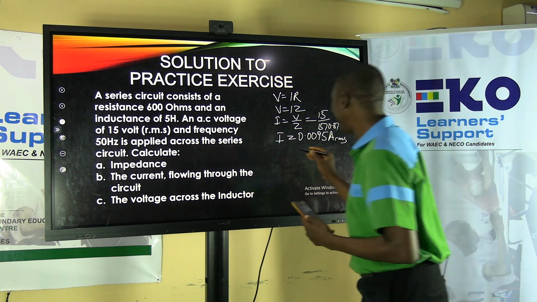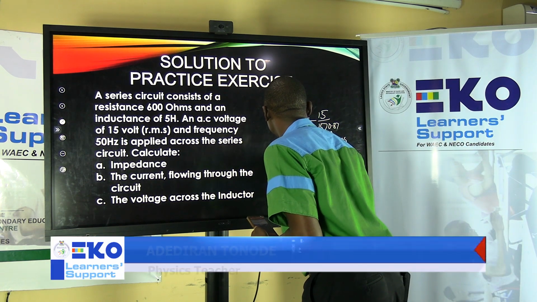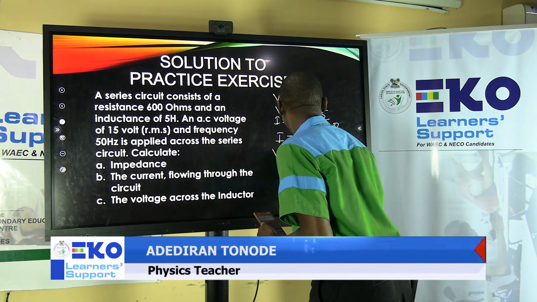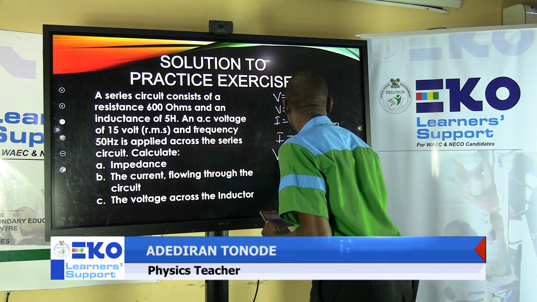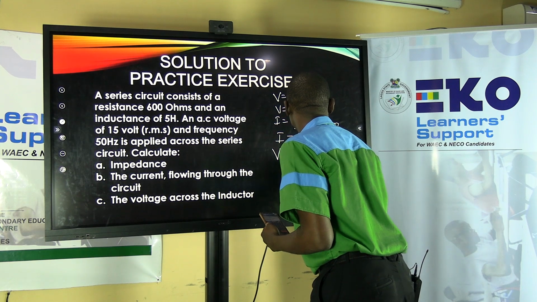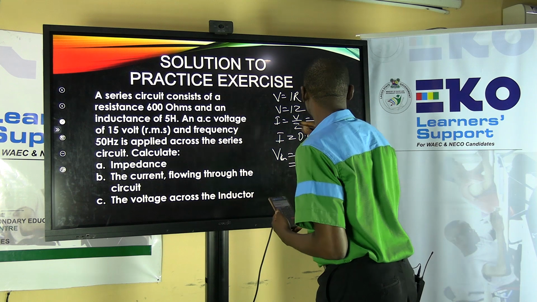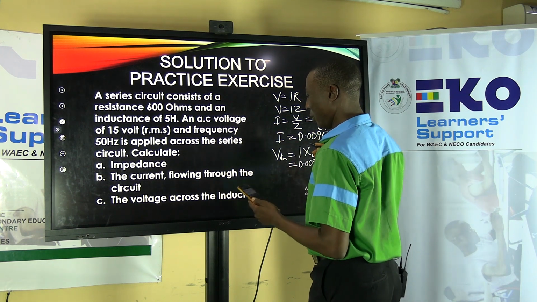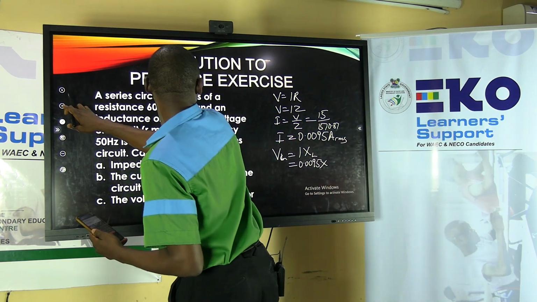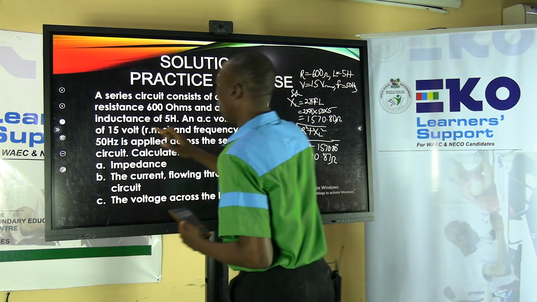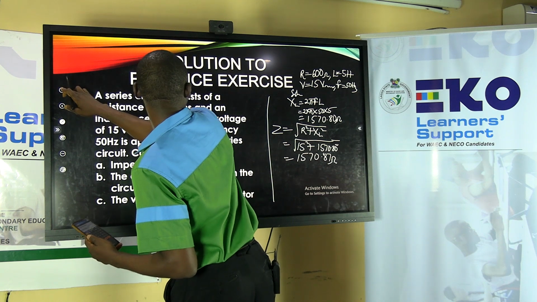Then the last one, the voltage across the inductor. So it's going to be V subscript L equals I times X subscript L. What is our current? 0.0095 times X subscript L, which is what we got the other time, 1570.80.